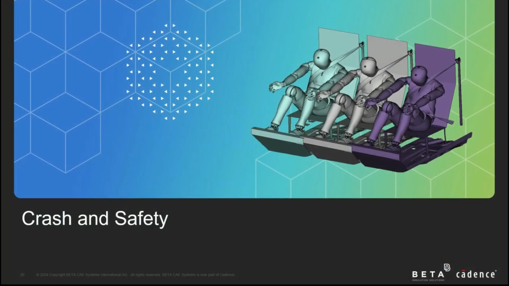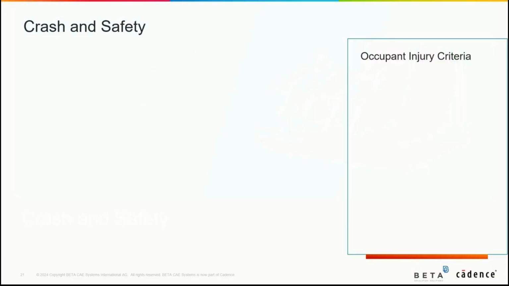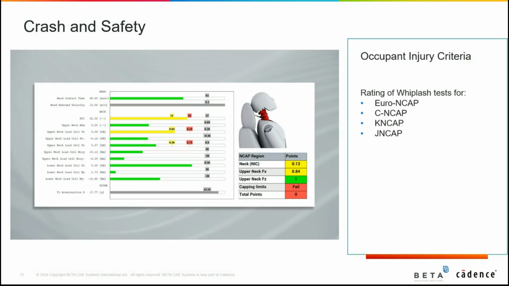Moving on to the disciplines and starting with crash and safety. For occupant injury criteria tool, whiplash rating is now calculated for the following: Euro NCAP, Chinese NCAP, Korean NCAP, and Japanese NCAP.